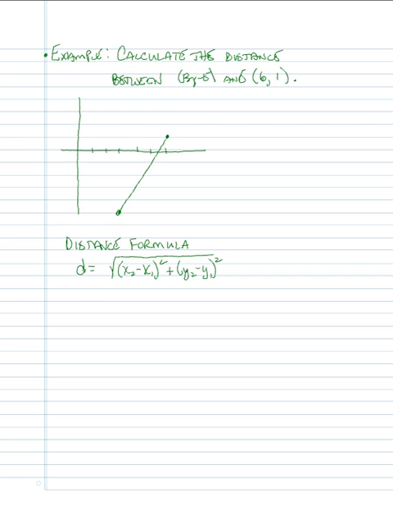So all we have to do is decide which x we're going to put first. Here's an x value, and here's an x value. It really doesn't matter which one we choose to be x subscript 2. I'm just going to say the 6 is x subscript 2, and so the x subscript 1 will be the 3. So we have x sub 2 minus x sub 1 squared.